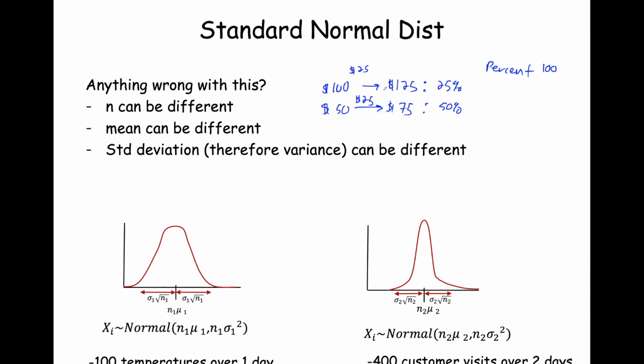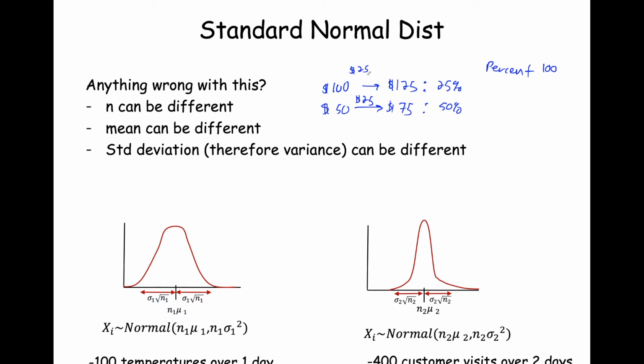And if you do that, well, you're effectively normalizing it, putting them on the same scale, if you will, and then comparing the change relative to that per 100 scale. So on a per 100 scale, this increased 25 out of 100, and on a 100 scale, this increased 50 out of 100, even though it's a $25 change each.